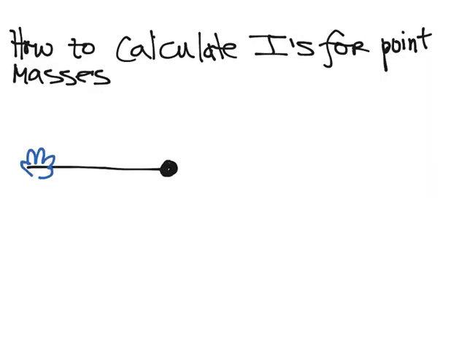Alright, so let's say that we're holding this stick, and let's say the stick part has almost no mass, but at the end of the stick we have a block or a ball with mass m.